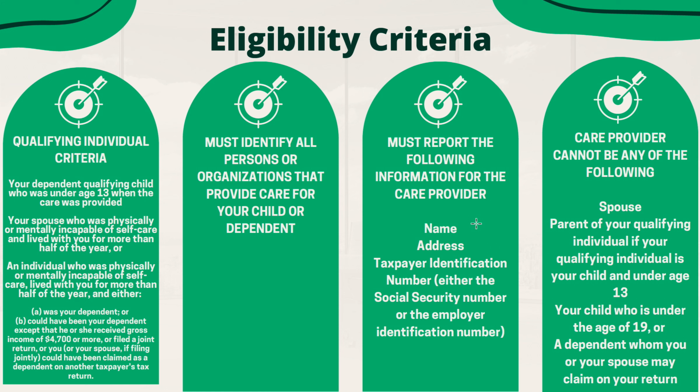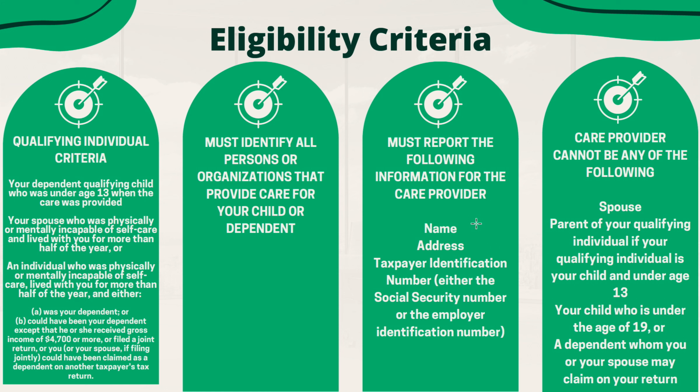The care provider cannot be your spouse. It cannot be a parent of your qualifying individual. So if you're having someone care for your spouse, it can't be his or her mother or father.